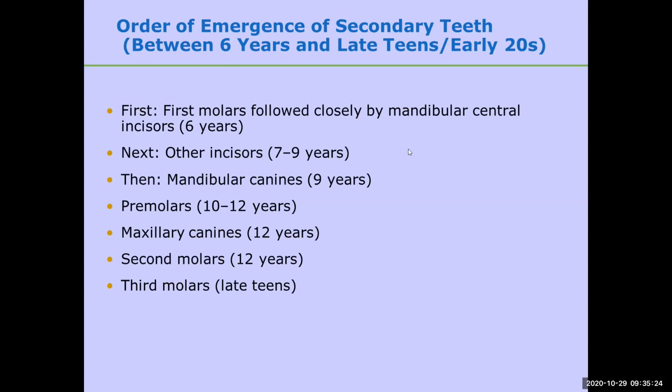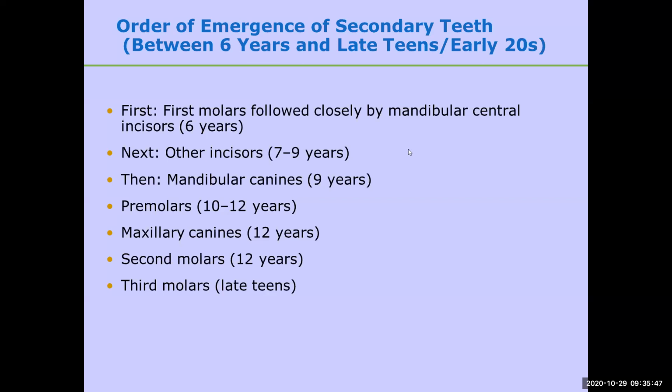Then you've got your other incisors, just like the deciduous teeth. It can happen in any sequence. Then you've got your mandibular canines, followed by your premolars. Now, what deciduous teeth are being shed for those premolars to come in?